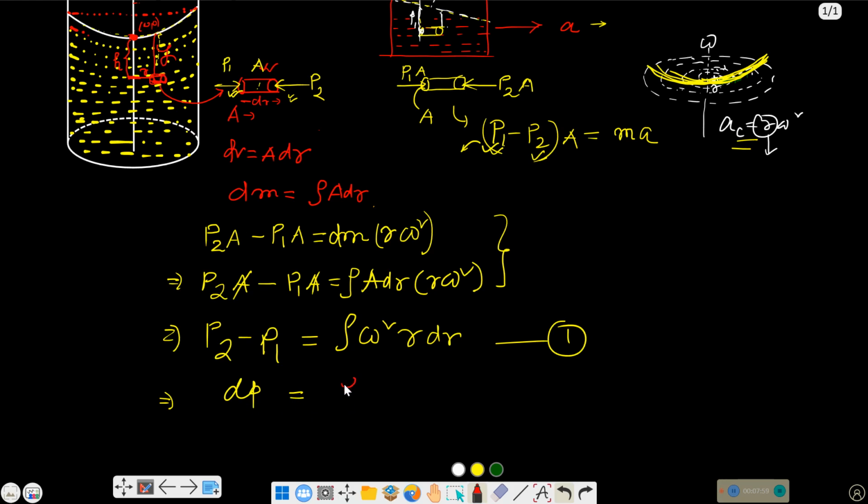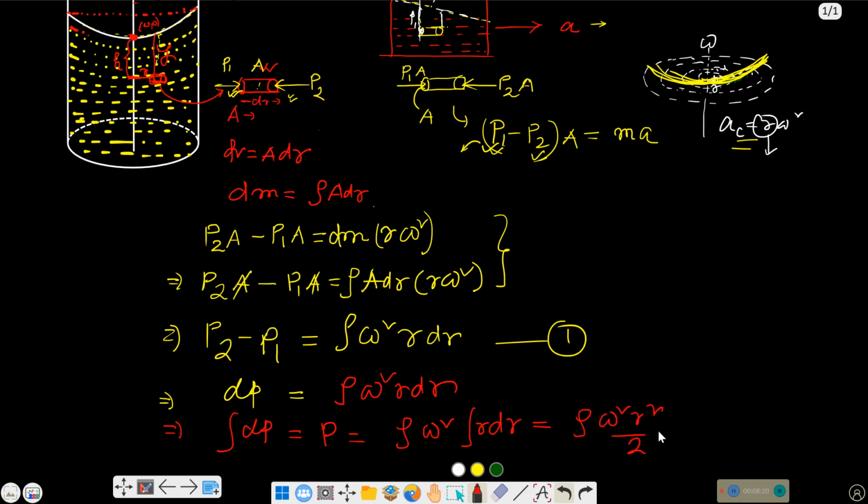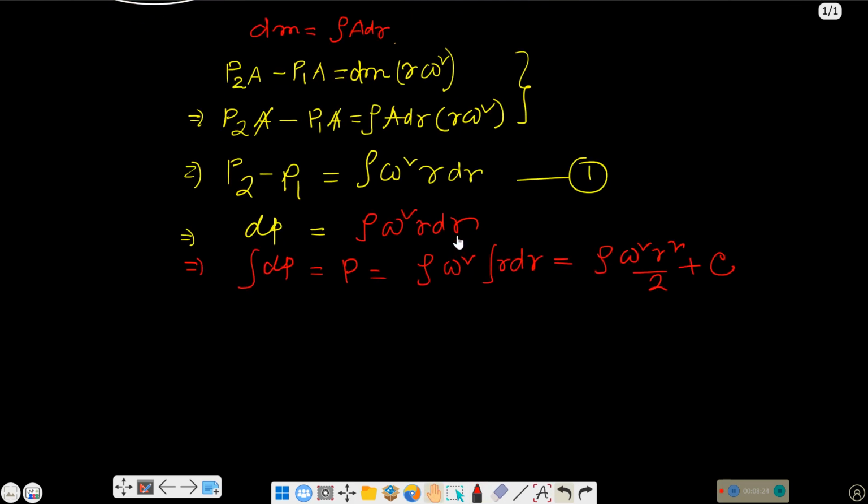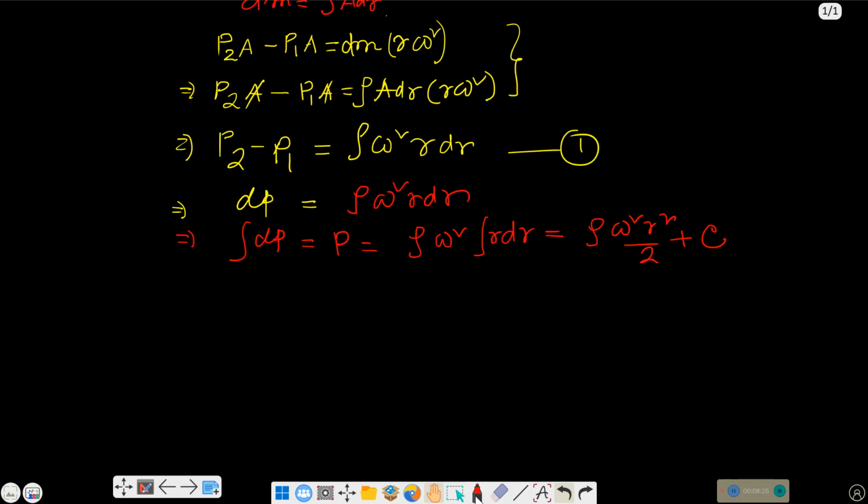So dp equals rho omega square r dr. To get the pressure variation we integrate this: the integral of dp is p, and we are left with rho omega square times the integral of r dr. This equals rho omega square r square by 2 plus an integration constant. So we have the pressure at a point.